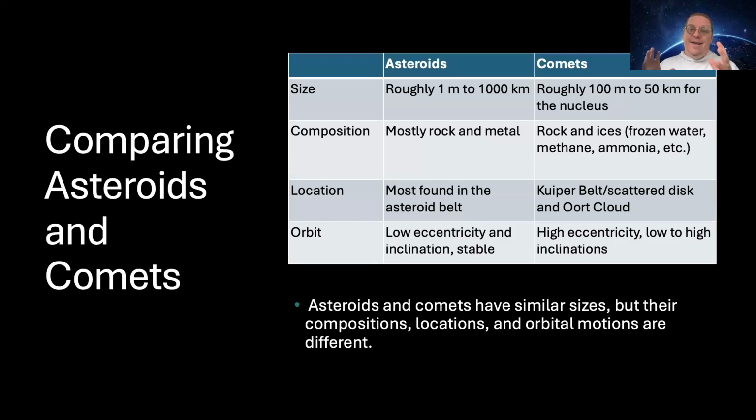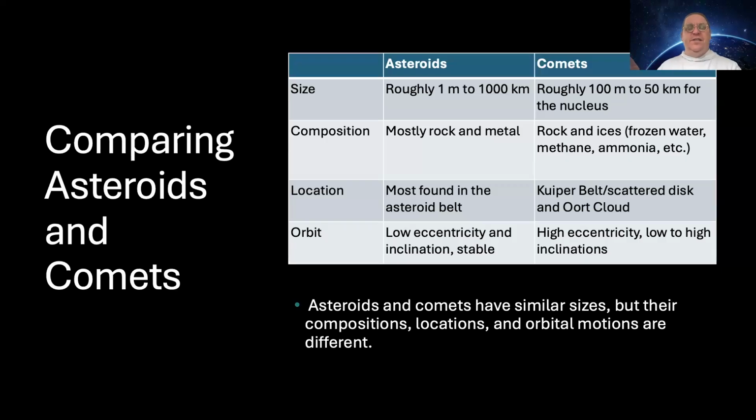Comets, on the other hand, again, we have this selection bias in that comets are even more difficult to observe. The best observations we have are really of the comets that are coming into the inner solar system, like Hale-Bopp, Halley's Comet, Hyakutake, those sorts of things. We believe that those comets are roughly around 100 meters to 50 kilometers in size.